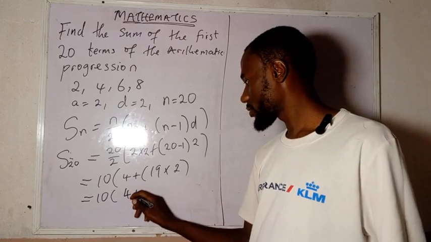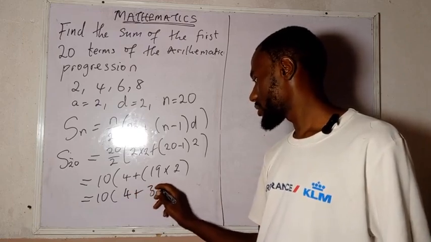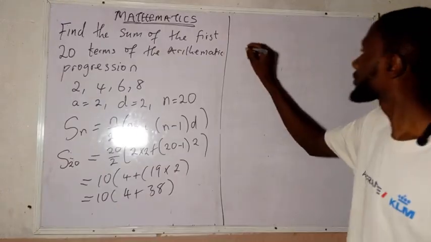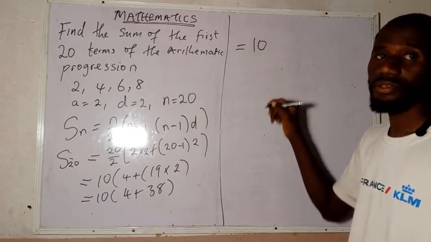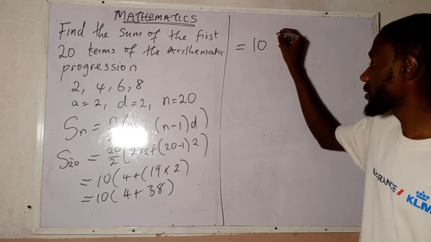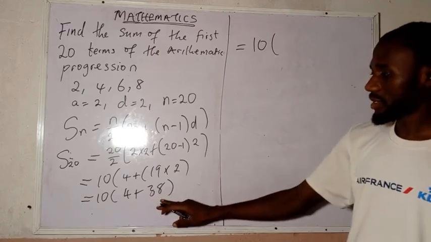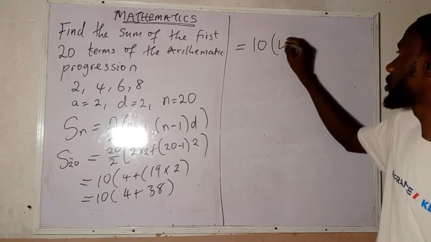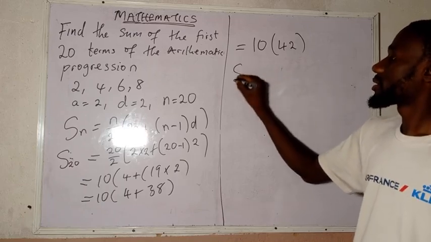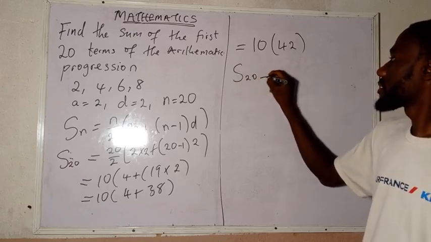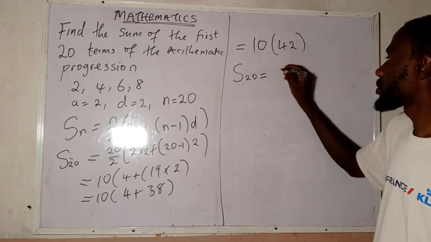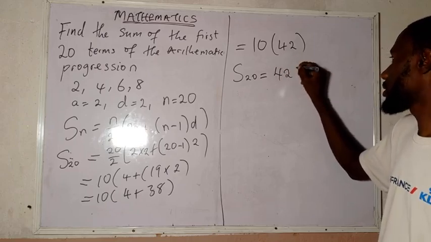That is 4 plus 38, which is 42. Then S20 is equal to 10 times 42. That is 420.